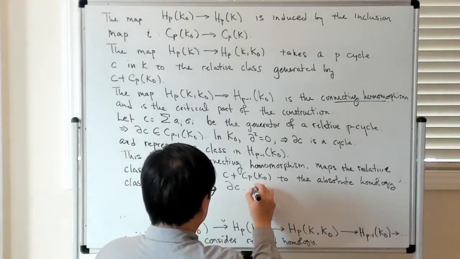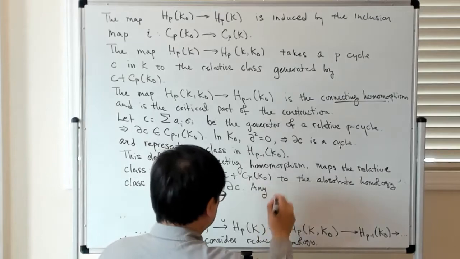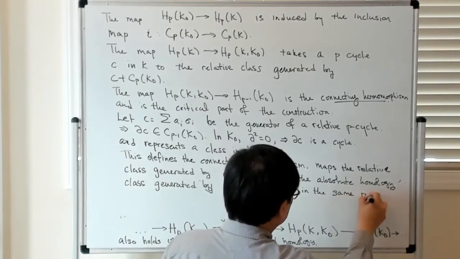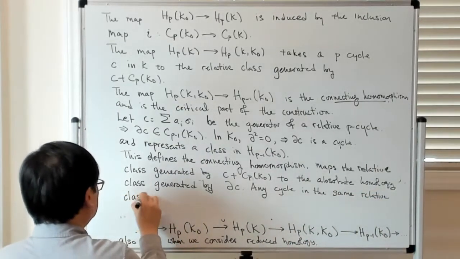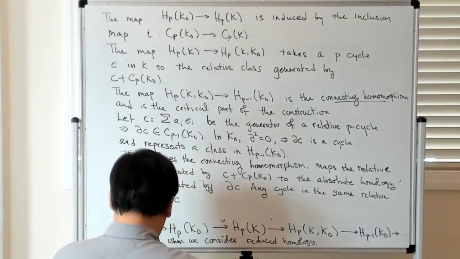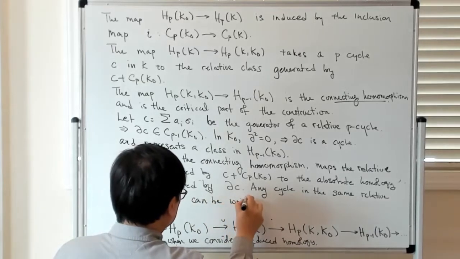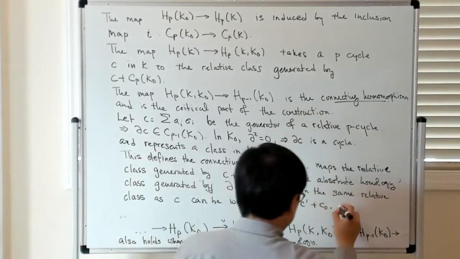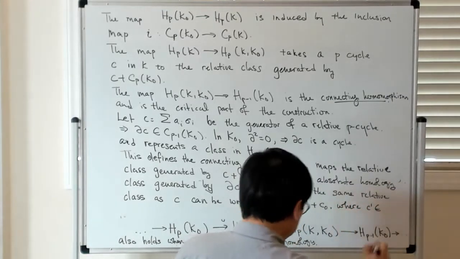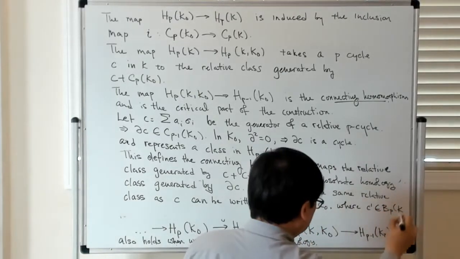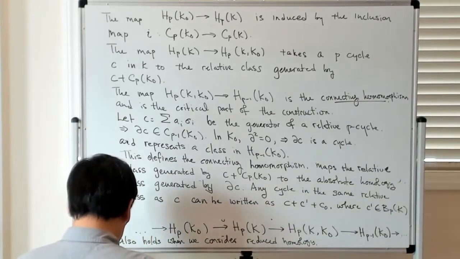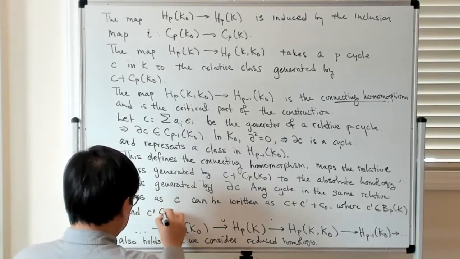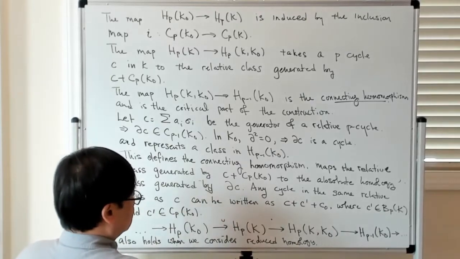So any cycle in the same relative class as C can be written as C plus C prime plus C0, where C prime is in B_p(K), the boundaries on K, and C0 is in the set of chains on K0.